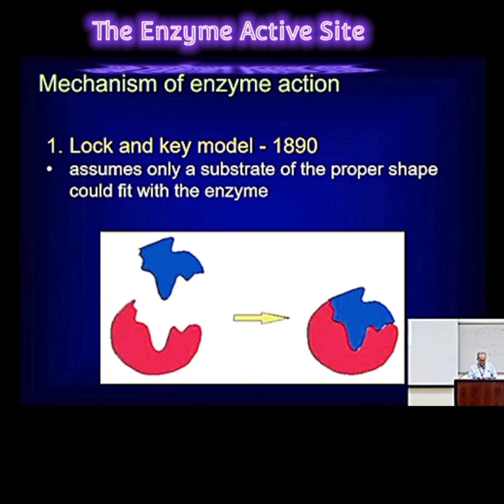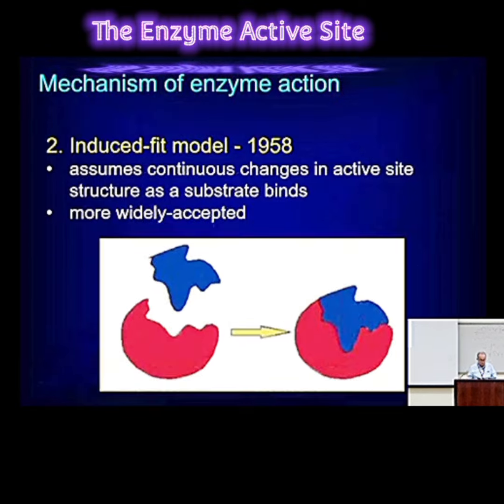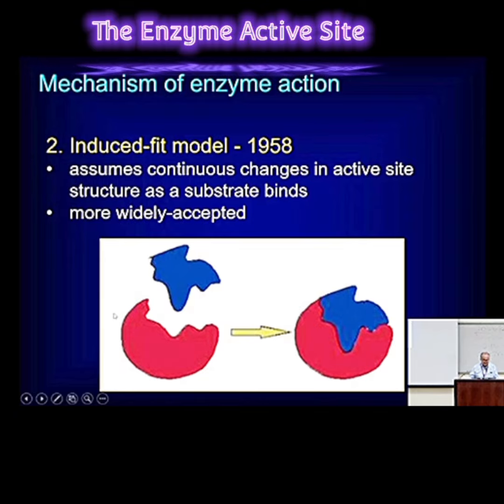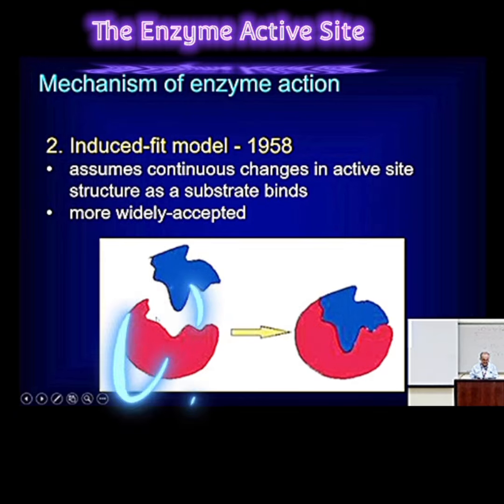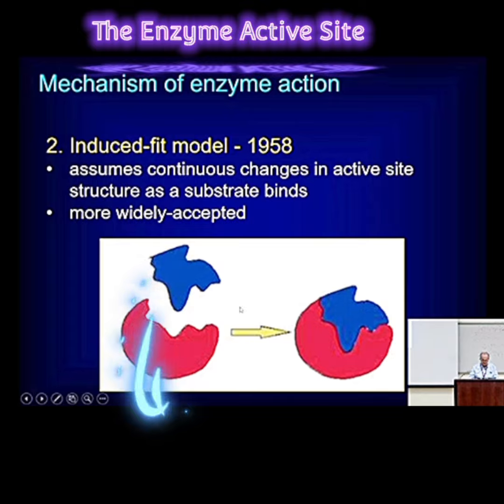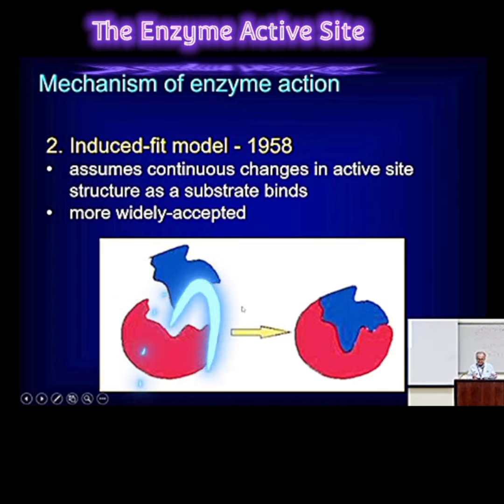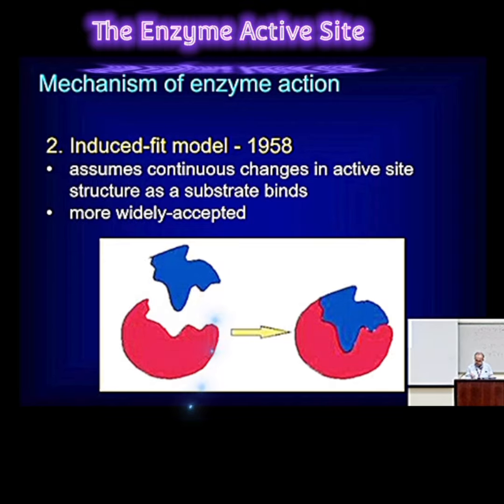The old model was a lock and key model. We don't really accept that. It's no longer accepted. So the new model is more of a dynamic induced fit model, meaning here's the enzyme and here's the specialized pocket. It's more dynamic rather than rigid.